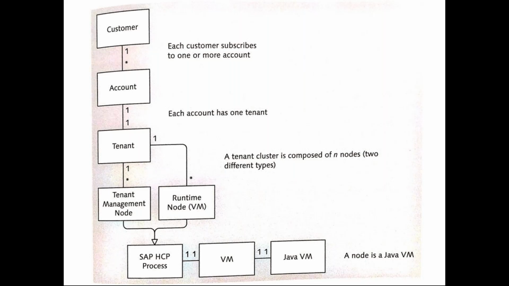But here it is now changed. So when we send data from the sender to the receiver system, it goes through middleware. We use the CPI tenant.